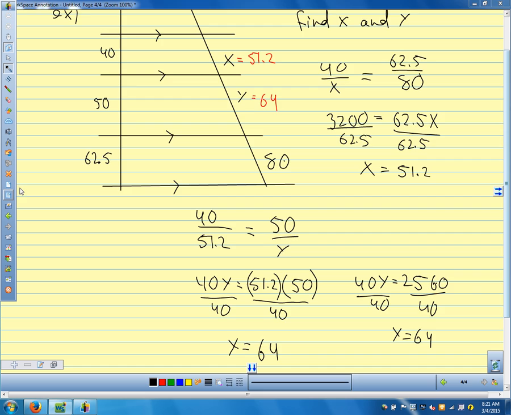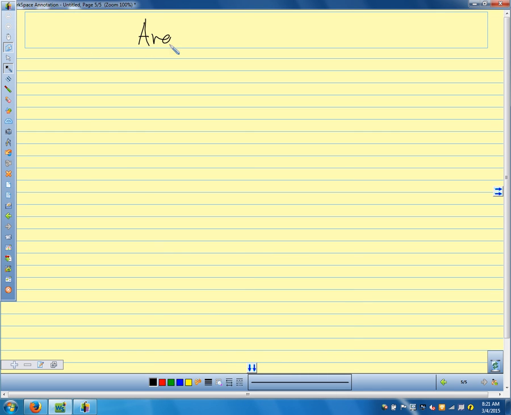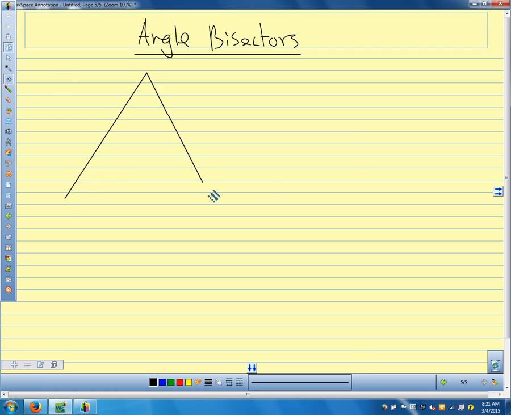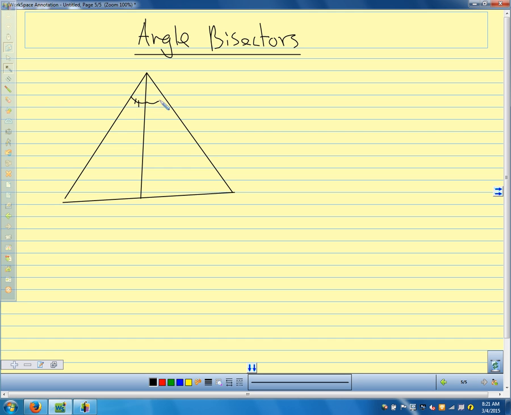Okay, last theorem, and then we're done. Angle bisectors. So here's our setup for this kind of problem. Angle bisector, what does that tell us that's happening to that angle? Cut in half. So that means these two angles are congruent.